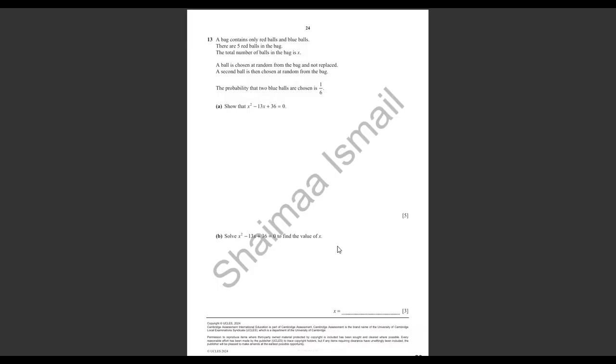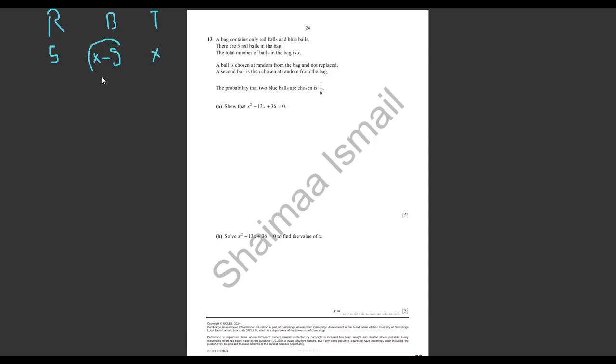Okay, let's complete the modular revision here. So this question we stopped on, he said that we have to get the chosen: from the red it was 5, and from the blue it was x minus 5, and the total is x.